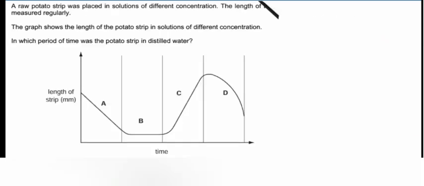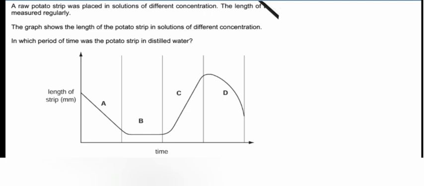The next question is coming from osmosis, and it is saying, a raw potato strip was placed in solutions of different concentration. The length of the potato was measured regularly. The graph shows the length of the potato strip in solutions of different concentration. In which period of time was the potato strip in distilled water?